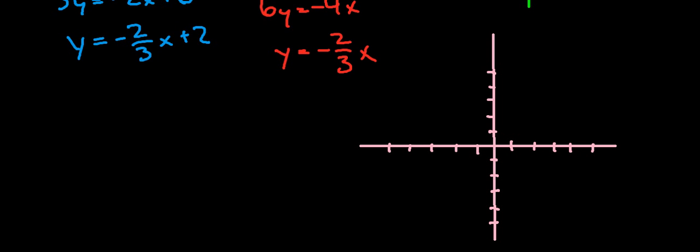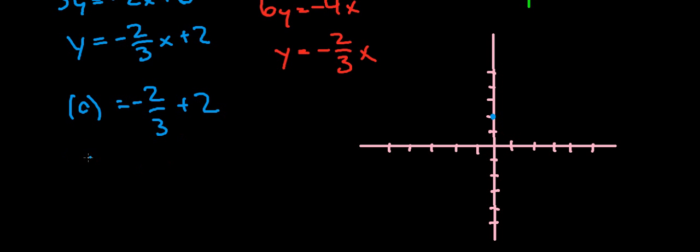Alright, so our first line has a y-intercept of 2 right here, and we can find the x-intercept for this line by putting y as 0, so 0 is equal to minus 2/3 x plus 2.